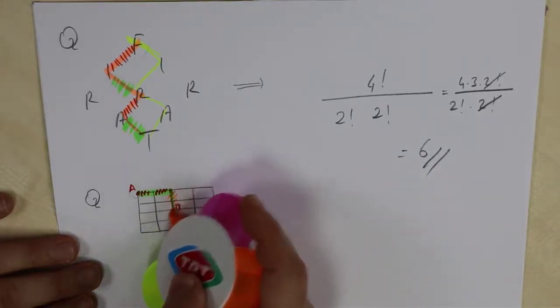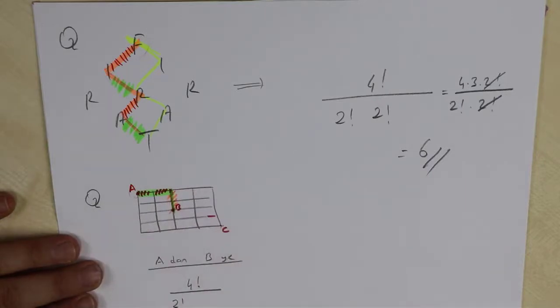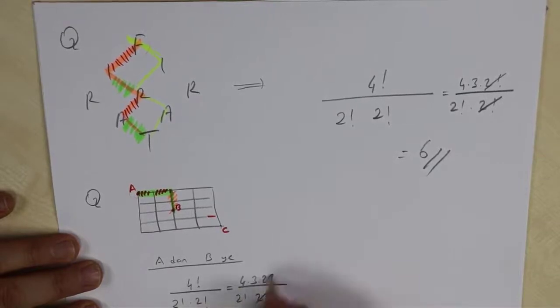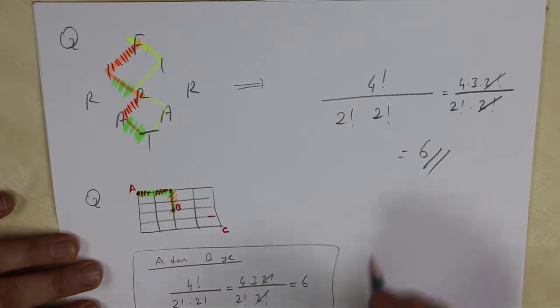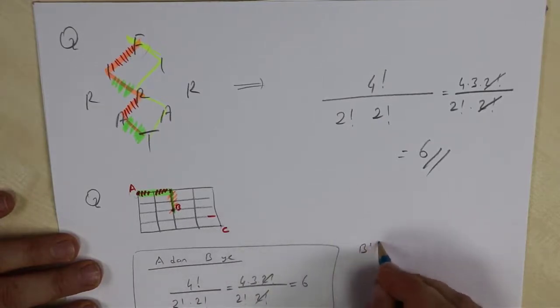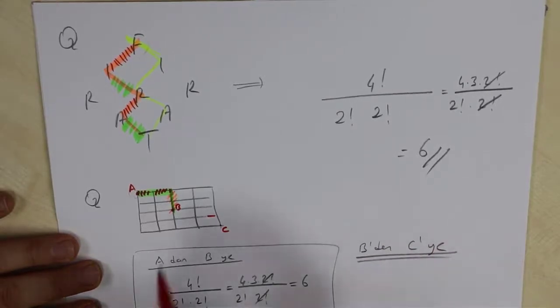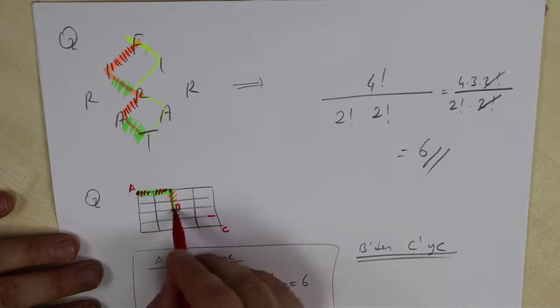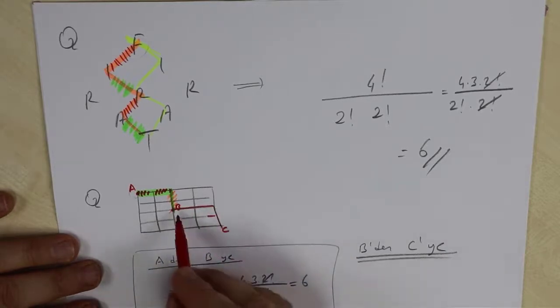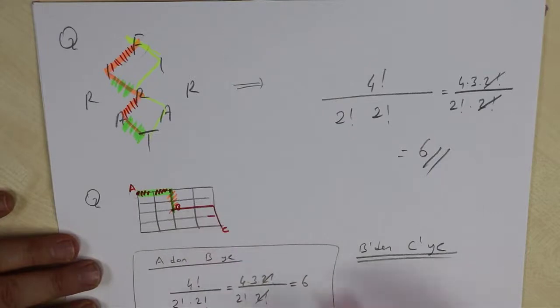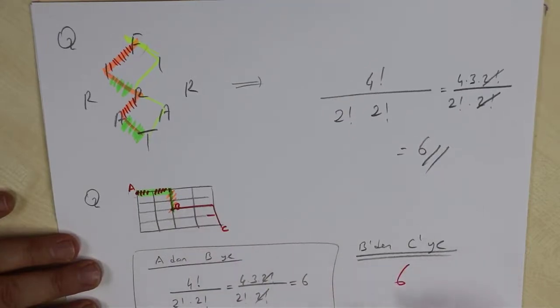We have 2 horizontal, 2 factorial, times 2 vertical, 2 factorial also. So factorial 4 divided by factorial 2 times factorial 2, that's equal to 4 times 3 times 2 factorial over 2 factorial times 2 factorial, that's equal to 6. If we go from B to C, similarly we get the same: 2 horizontal and 2 vertical, and that's exactly 6.